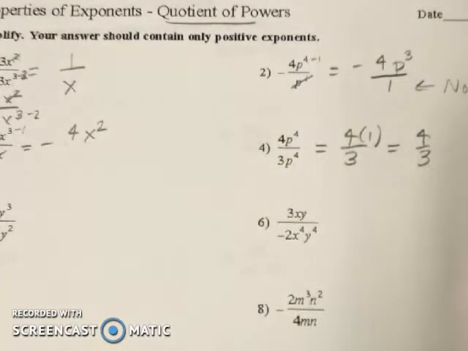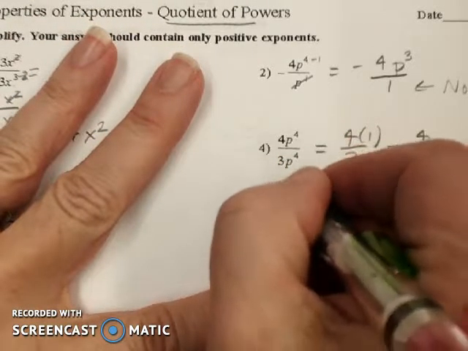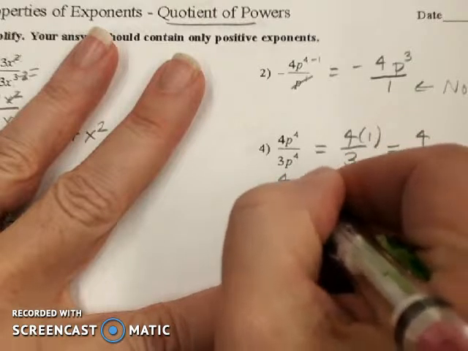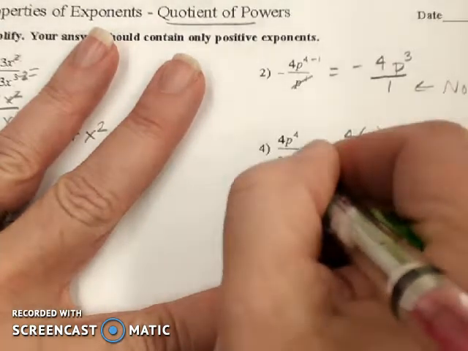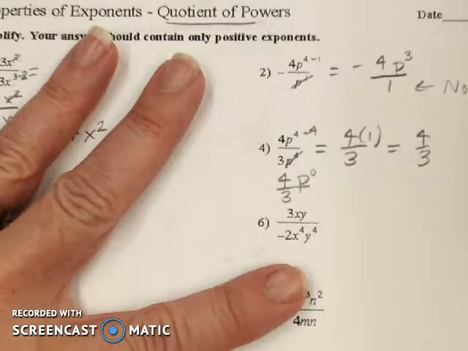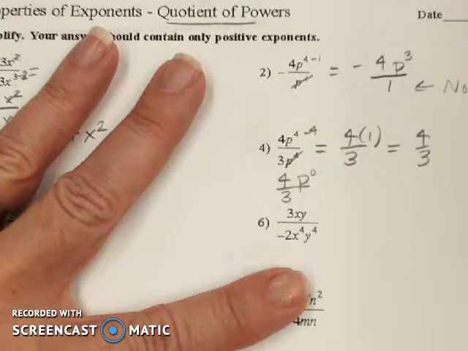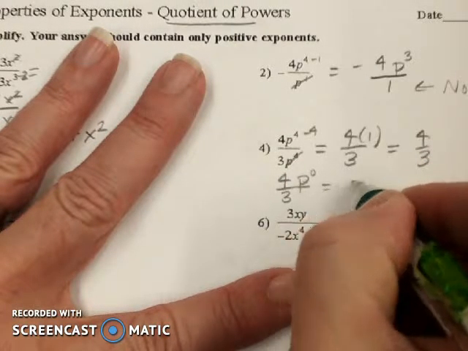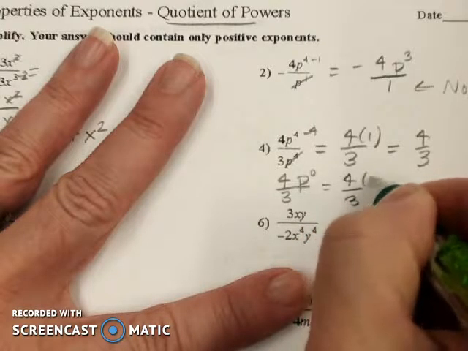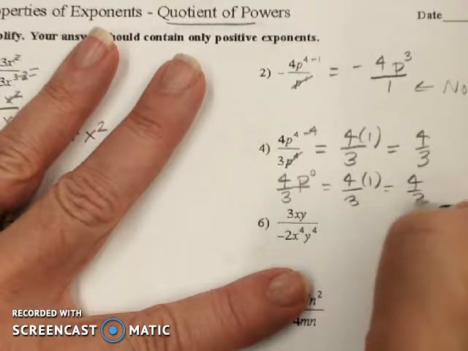Or if you jump ahead to that zero exponent property, and you have this, because if I come up here and subtract that, 4 minus 4 is 0, and anything to the 0 power is 1. And so I just have 4/3.